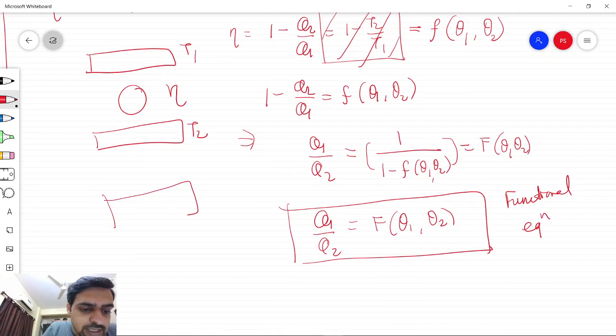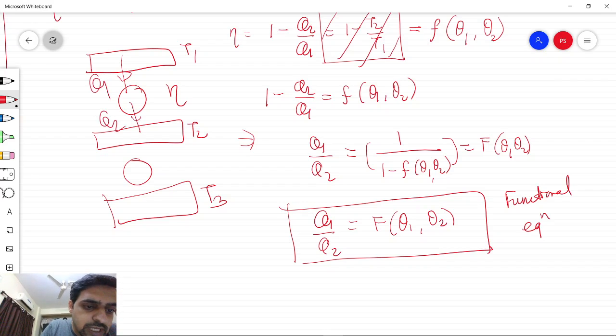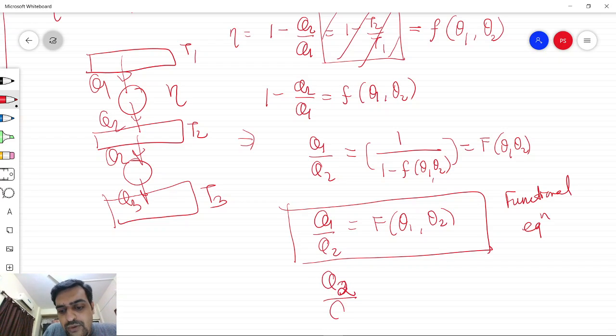Now imagine another engine working between T2 and T3. For that engine, if the first was Q1 and Q2, then this is Q2 and Q3. So for that engine we can write Q2 by Q3 as equal to F of theta 2 theta 3.